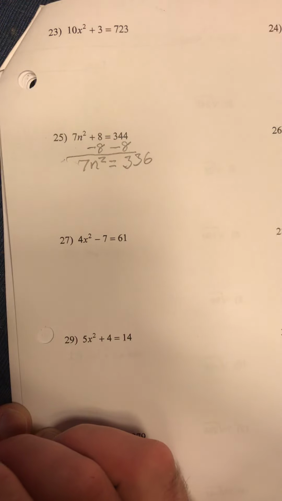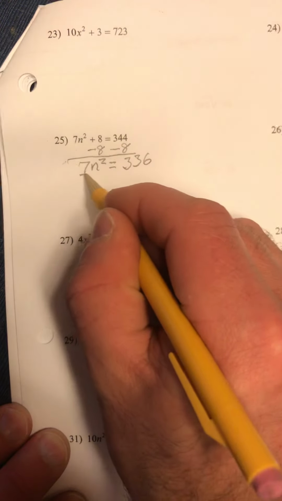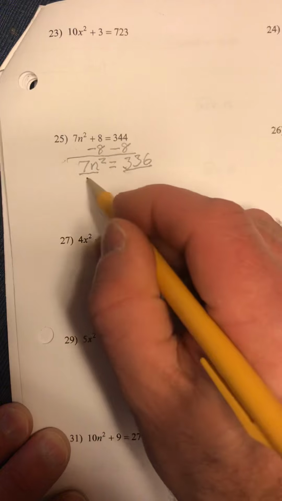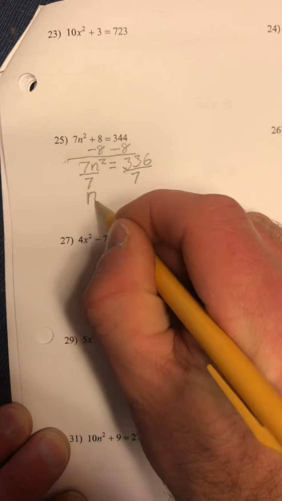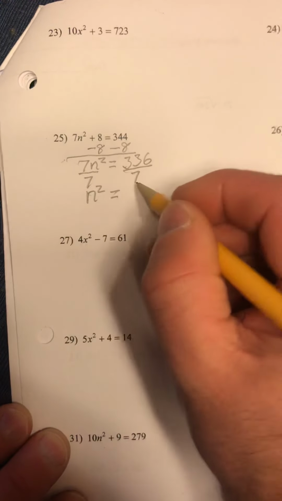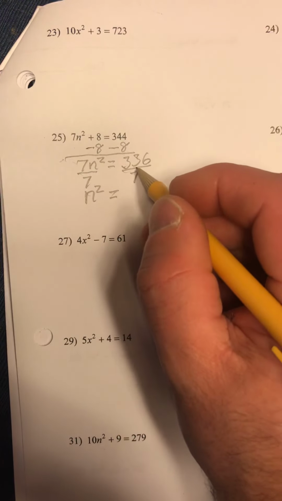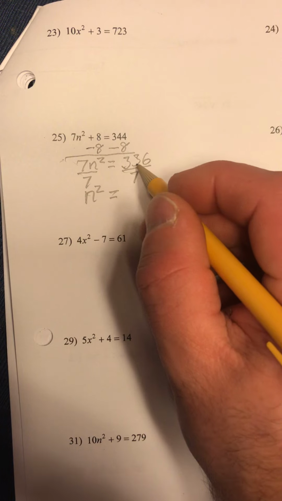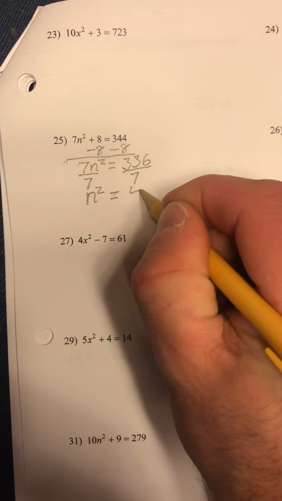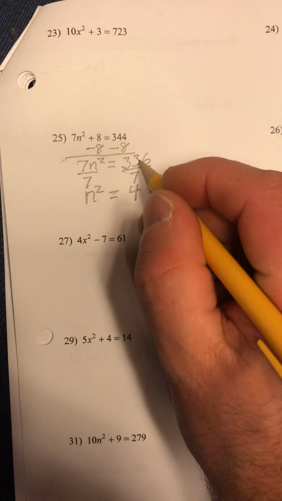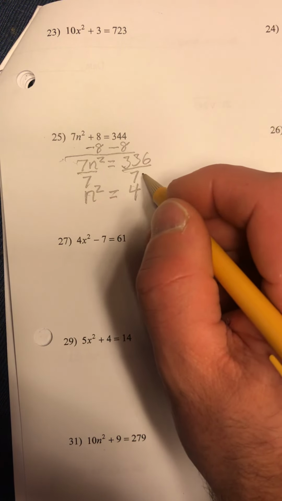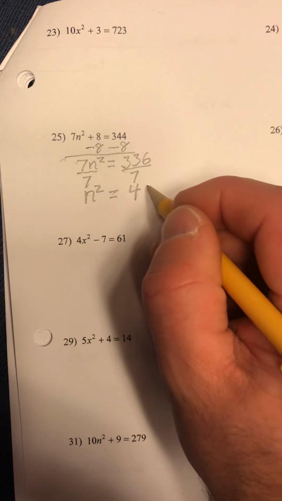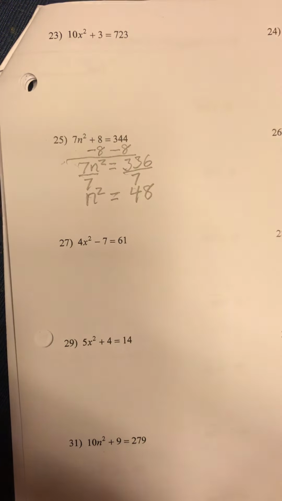Now I want to divide both sides by 7. I'm not sure, is 7 going to go into 336? n squared equals, okay, 7 would go into 33 4 times. 28 from 33 is 5. Bring down the 6. 7 will go into 56 8 times. So n squared is equal to 48.